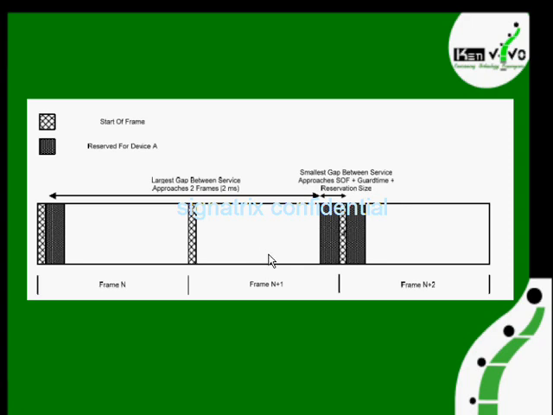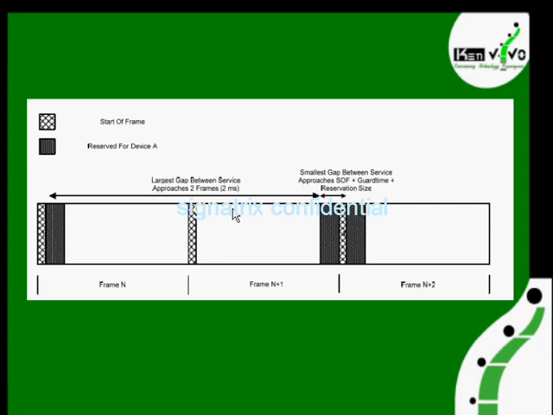Then it has allocated at the end, and in the next third frame it has allocated the isochronous transfer at the start.